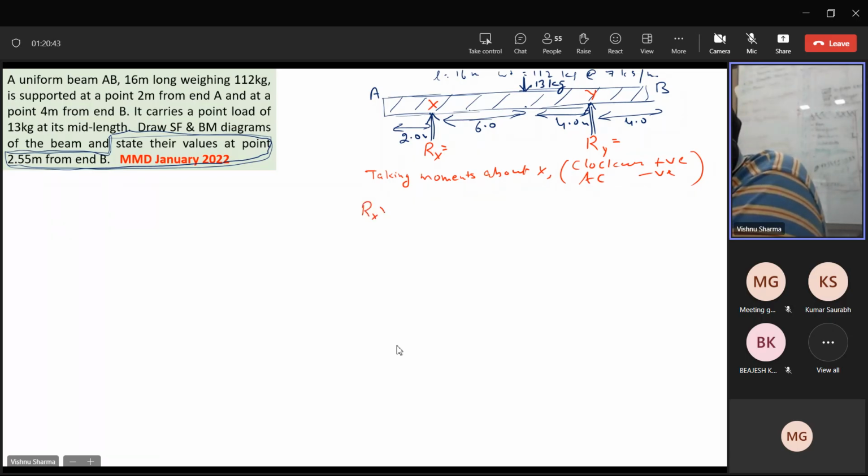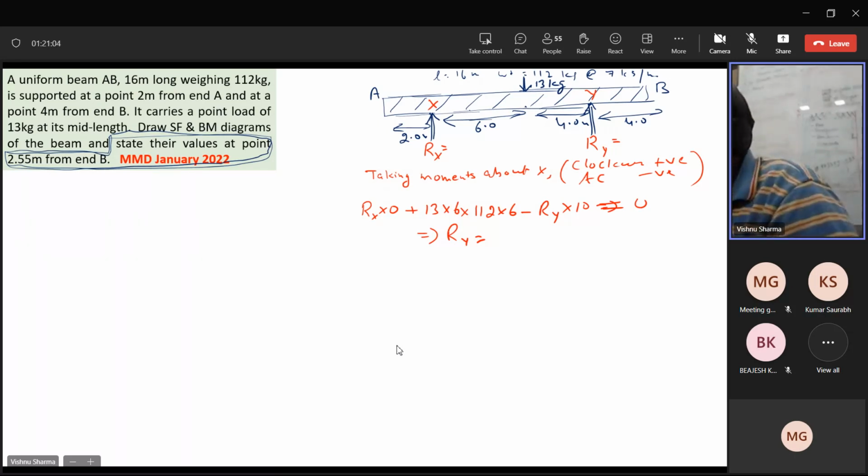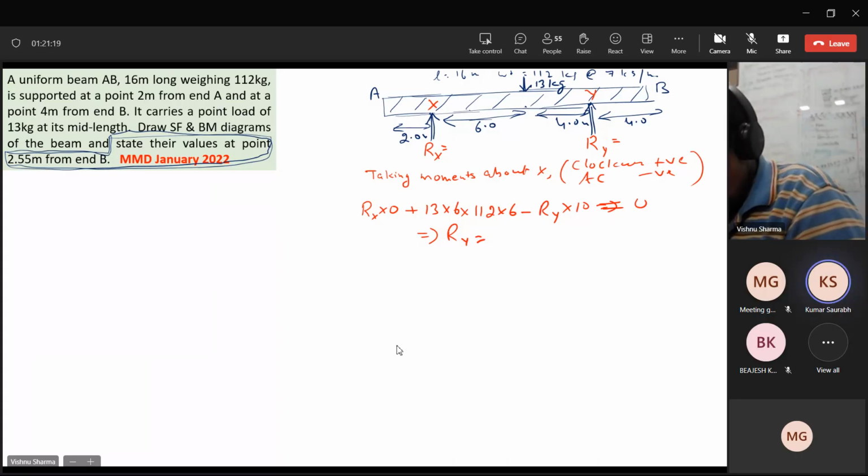So Rx into 0 plus 13 into 6 plus 112 into 6 minus Ry into 10, this is equal to 0. This implies Ry is equal to 78. Okay, 78 plus 60, 112 into 6 is 672.